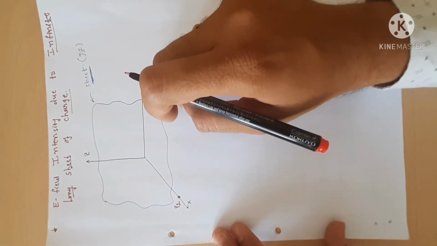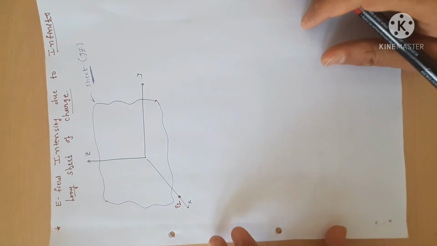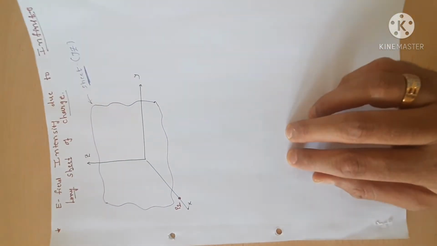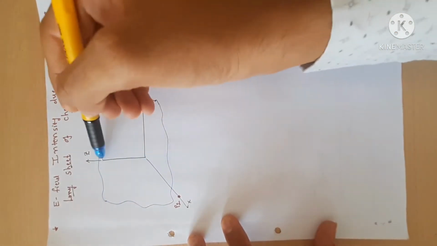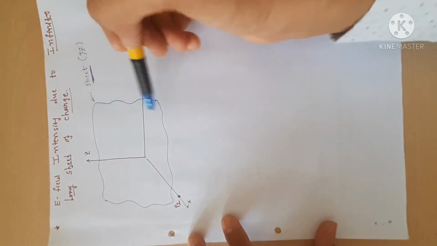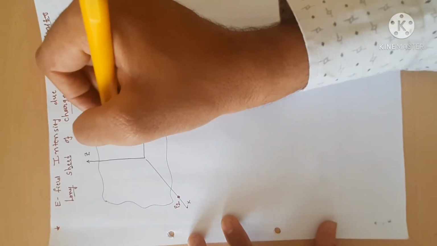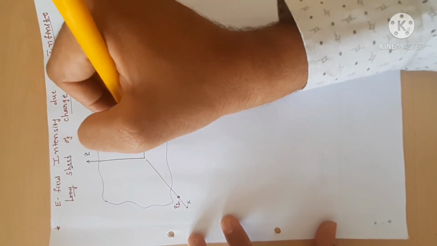So it is necessary to divide this sheet into different equal parts. I take a vertical line, divide the sheet into equal parts, and choose only one differential length.